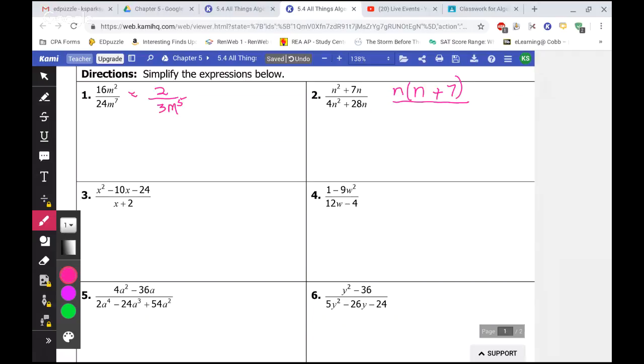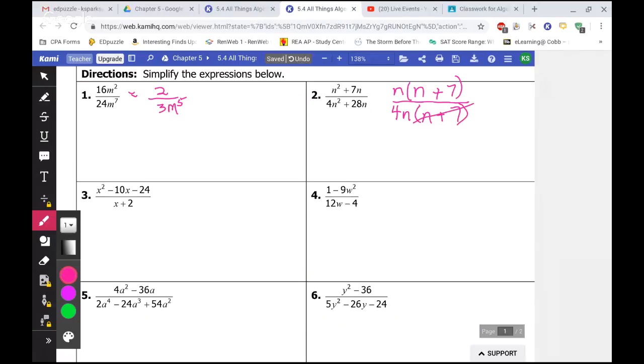On the bottom, you can factor out a 4n, and that's going to leave you an n plus 7, because 4n goes into 4n squared with an n left over, and 4n factors into 28n 7 times.